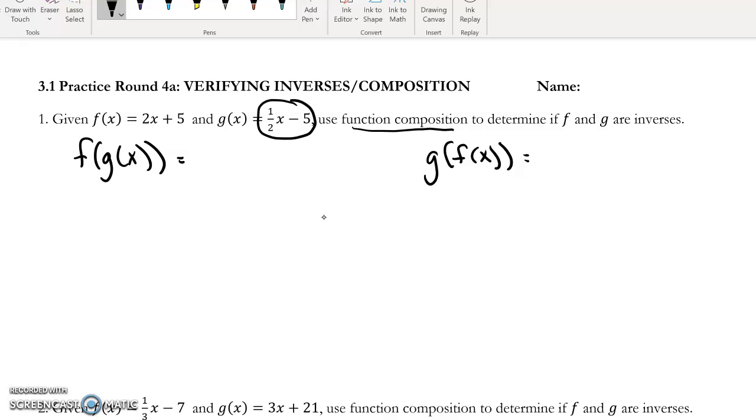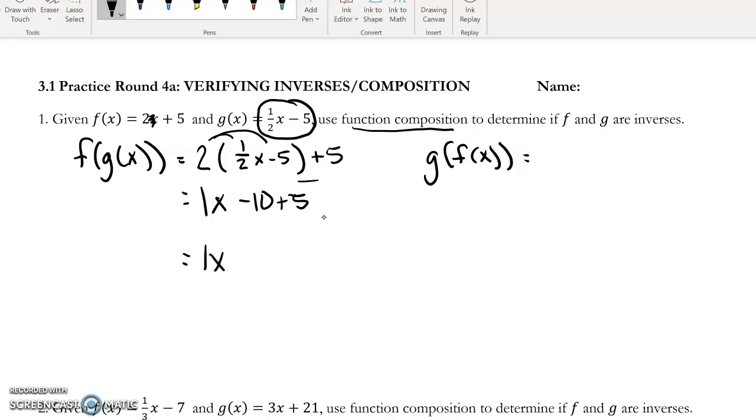That means I'm going to circle g of x and replace the x inside f. So I'm going to write 2 times 1/2 x minus 5 plus 5. I need to clean this up a little bit, so I'll distribute my 2. 2 times 1/2 x is 1x. 2 times negative 5 is negative 10, and you still have the plus 5.